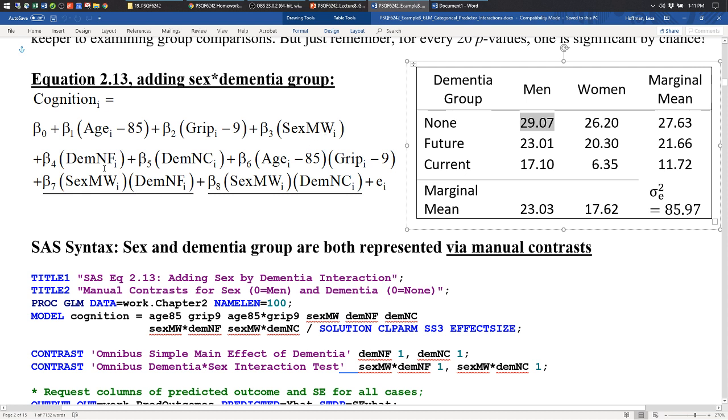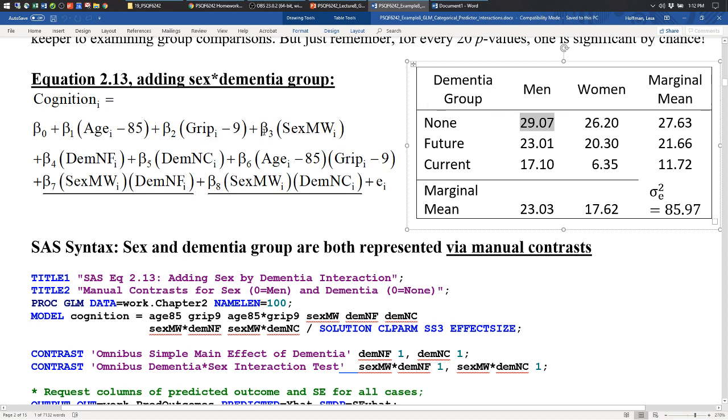And for dementia, none is the reference group, dem NF is none versus future, and dem NC is none versus current. So that means that that cell right there is my reference cell. So I'm switching terms a little bit. A unique combination of 2 or more predictor variables that are categorical, these are referred to as cells of the design. So that's what my intercept means.